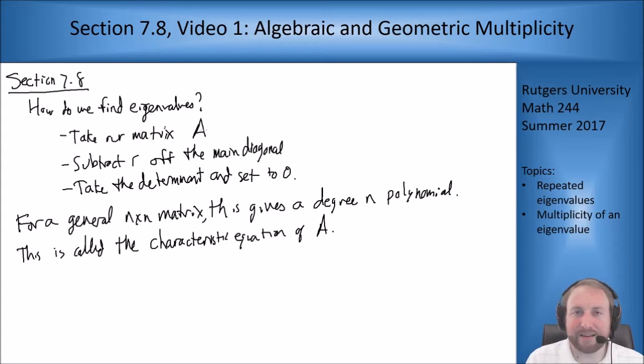And the idea is, again, we're allowing things to be complex valued. So this polynomial is going to factor completely. I'm going to call it P of r just for the sake of writing things down. So P of r is the polynomial that we get from taking the determinant.